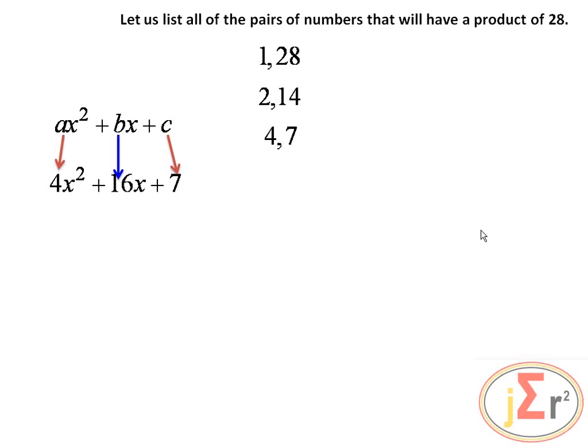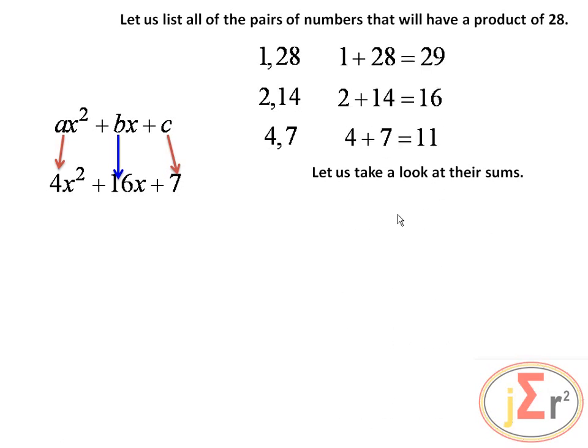So all of those will have a product of 28, but which pair will have a sum of 16? Let us take a look at their sums. There we have the sums. Which one has the sum of 16? 2 and 14. So we have identified them.